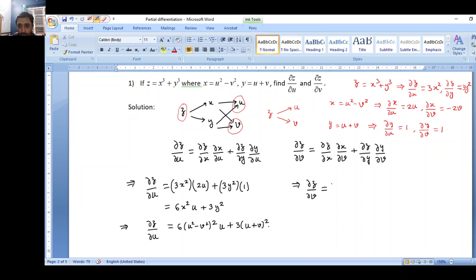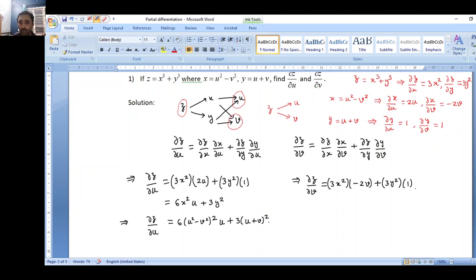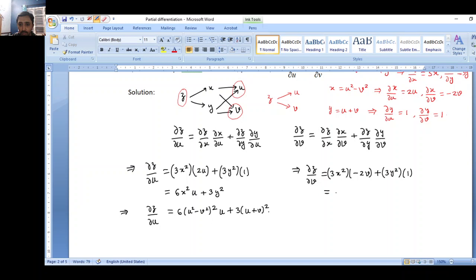So this will be 3x² into ∂x/∂v, which is going to be minus 2v, plus ∂z/∂y. ∂z/∂y is going to be 3y², and ∂y/∂v is 1. So this on simplification will give us minus 6x²v plus 3y².